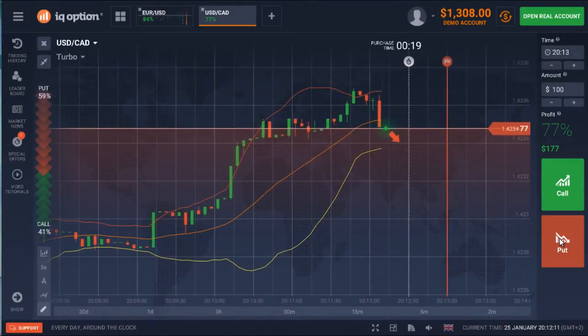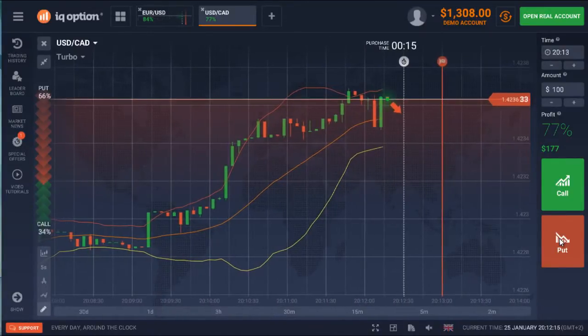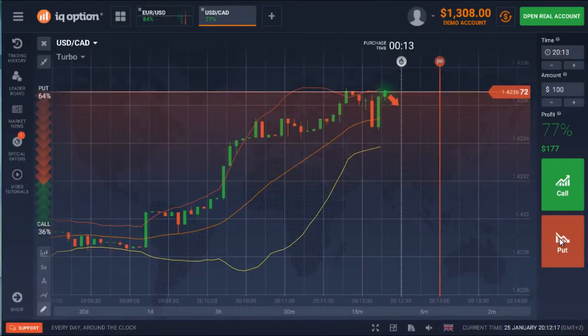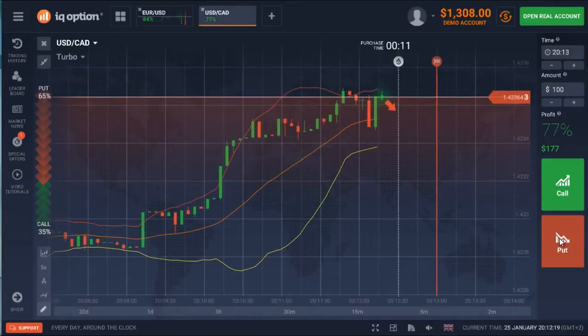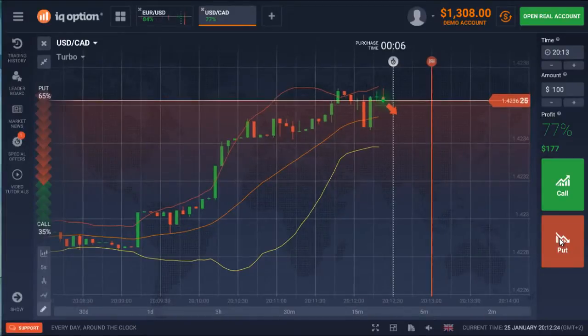Anyway, now this chart is a little confusing. It stopped, finished moving upwards, but the question is whether it's reversed or not.